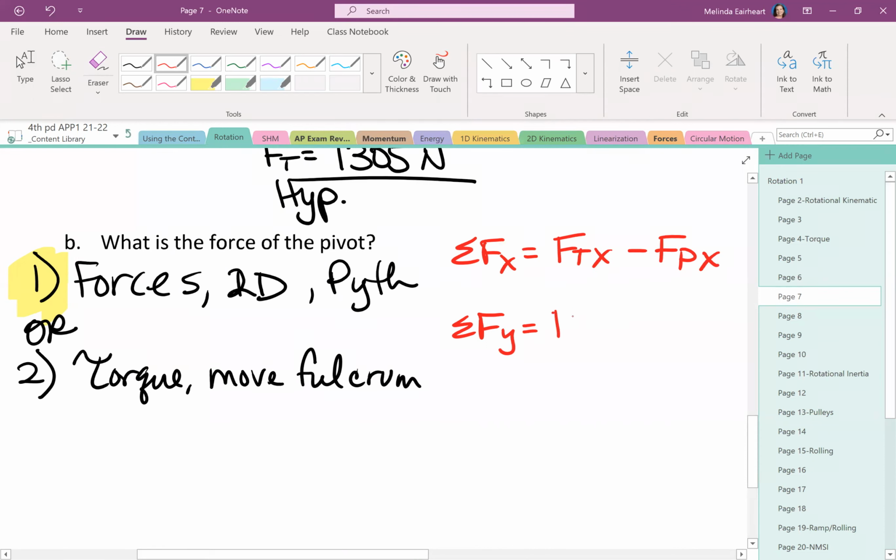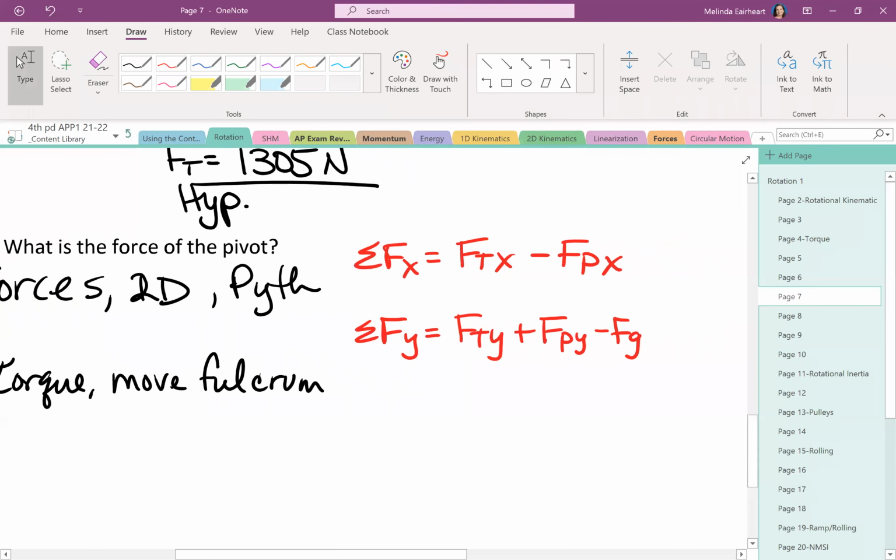Vertically, we had tension pulling up, we had the pivot probably pulling up, and then we had gravity pulling down. Now, if you're in equilibrium of forces, F net in both cases is going to do what? You're not accelerating, so F net equals 0.